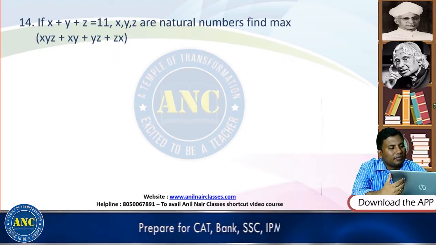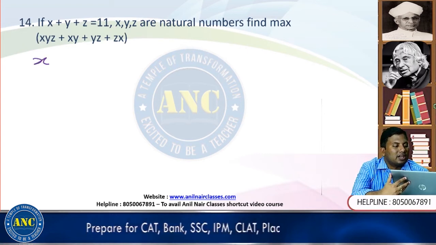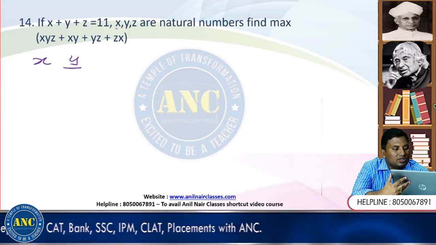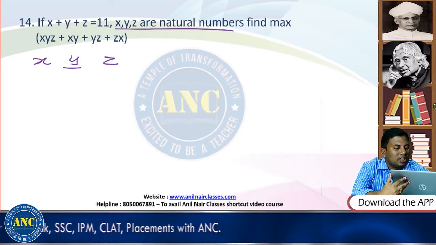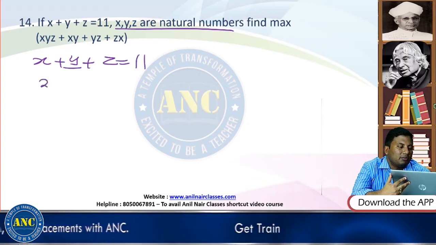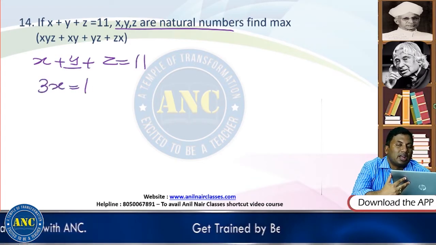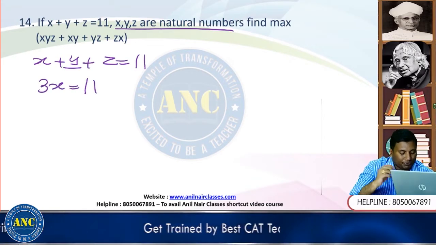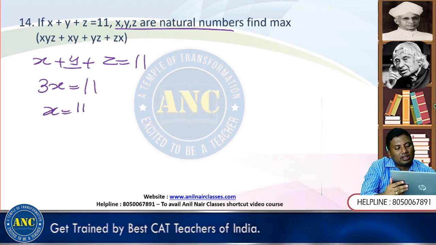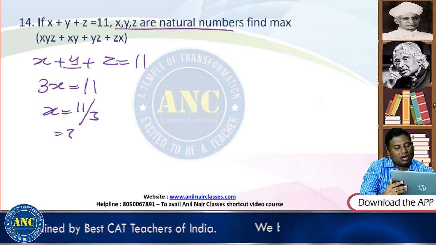13th one. If you see here, x, y, z are natural numbers, because x plus y plus z is given as 11. If I make all the variables equal like the previous example, 3x equivalent to 11, so x is 11 by 3, 3 point something.